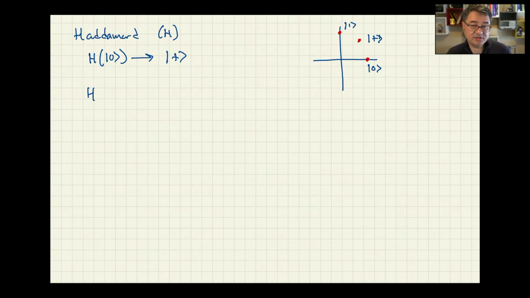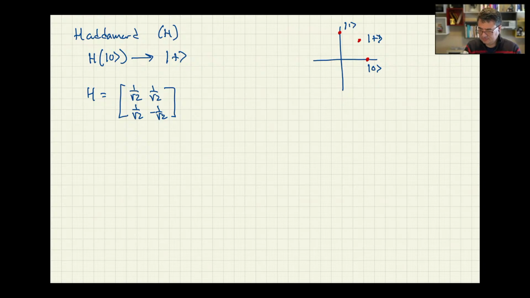So the H operation can also be represented as a matrix, and its matrix is 1 over root 2, 1 over root 2, 1 over root 2, negative 1 over root 2. So it's also a 2 by 2 matrix with all 1 over root 2's except for a negative down in the lower right-hand corner.